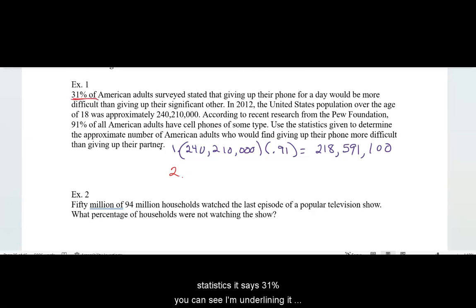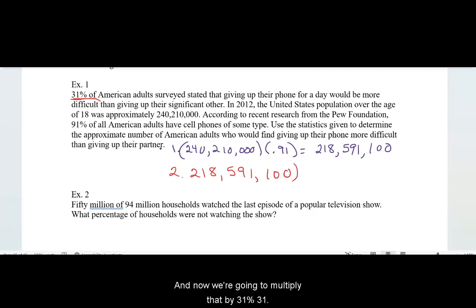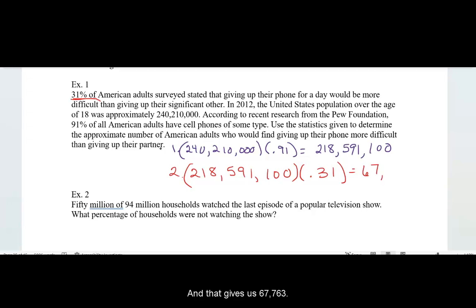You can see I'm underlining it up here. 31% of these adults who have a cell phone. So we're going to take the number that we found in step 1, and now we're going to multiply that by 31%, 0.31. And that gives us 67,763,241. So that is the number that answers the question.